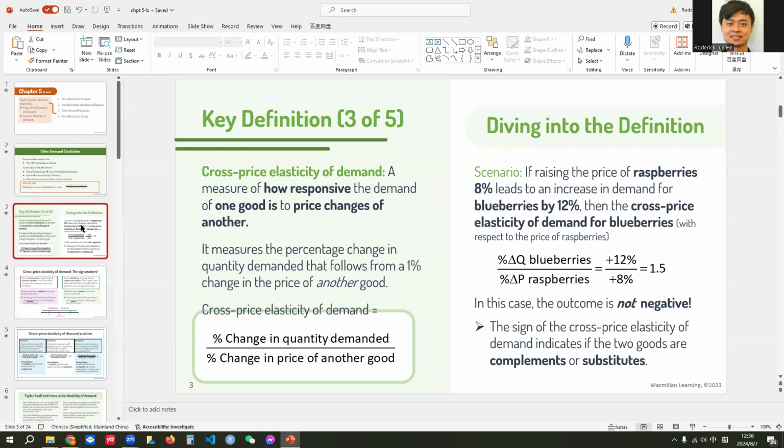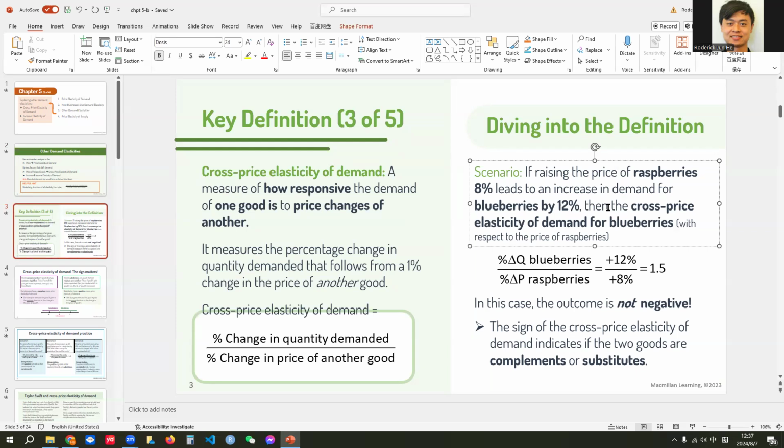It is defined as a measure of how responsive the demand of one good is to changes of another. So what is involved is the relationship of these two goods here.